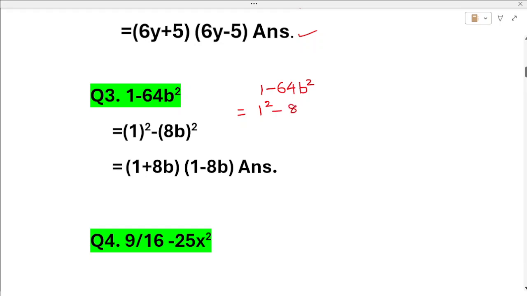So 64b square can be expressed as the square of 8b, and 1 is the square of 1. Now you need to express it as a product of sum and difference. This is the difference term, and this is the sum term. So this is your answer to the question.